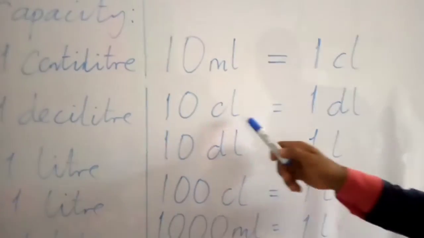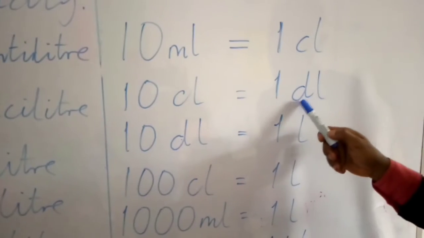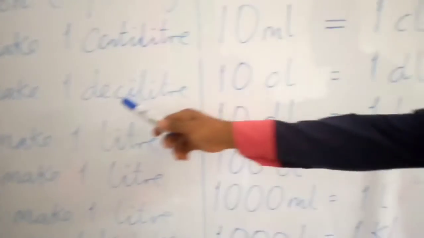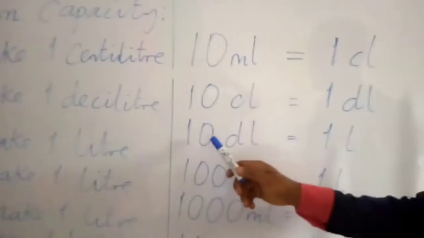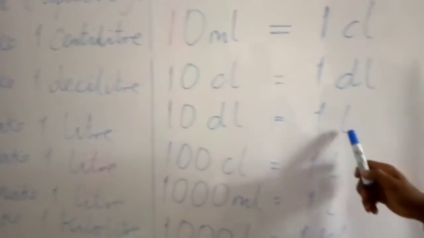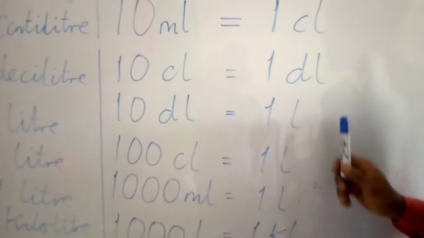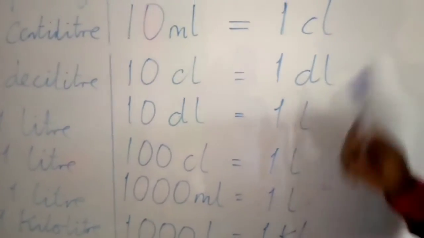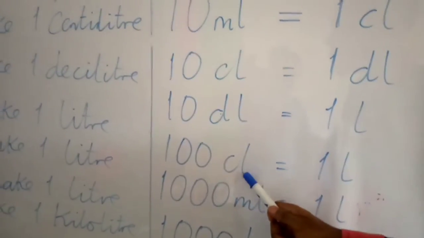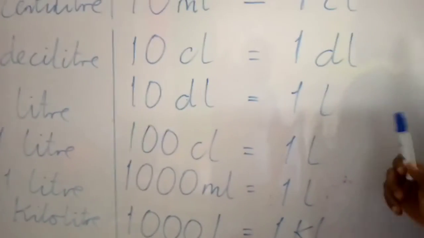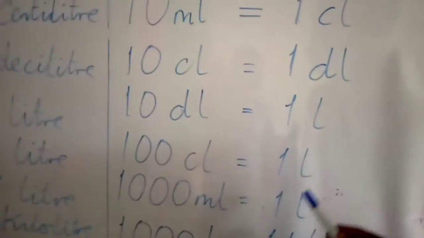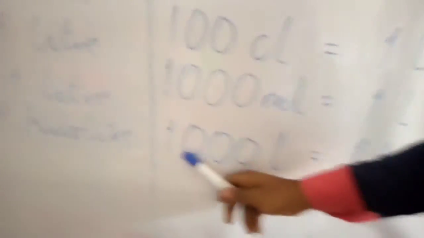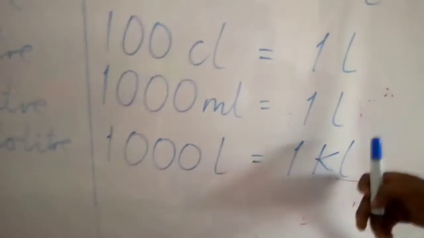The same here, centiliter, deciliter. D is for deci and L is for liter. 10 deciliters is 1 liter. L means liter. Whenever you see L in capacity, it means liter. 100 centiliters is equal to 1 liter. 1000 milliliters is the same as 1 liter. 1000 liters is the same as 1 kiloliter.